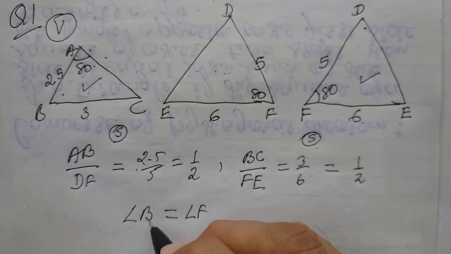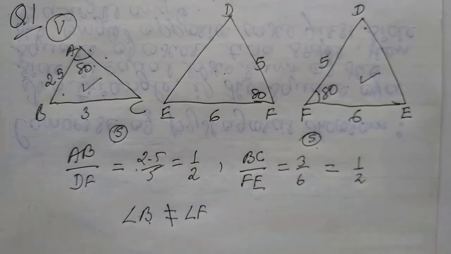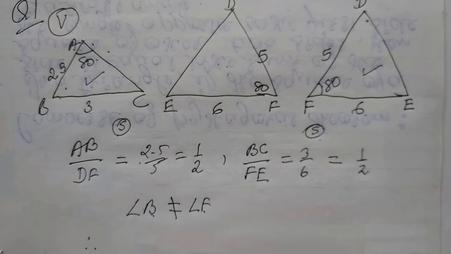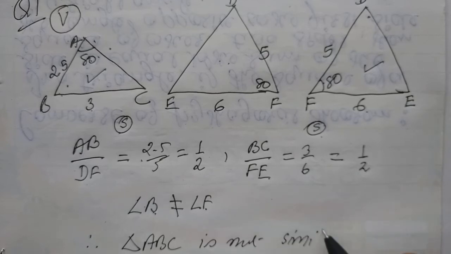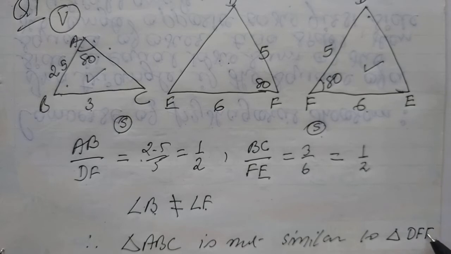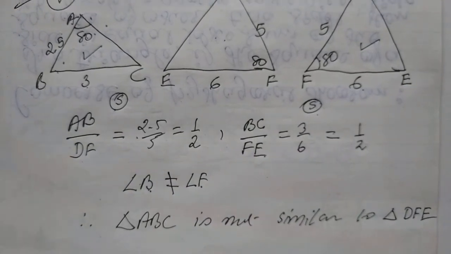But about B, we don't know anything, so this we cannot write. B is not equal to F. And therefore, triangle ABC is not similar to triangle DFE. Okay, children? Or you can write that both the triangles are not similar triangles.